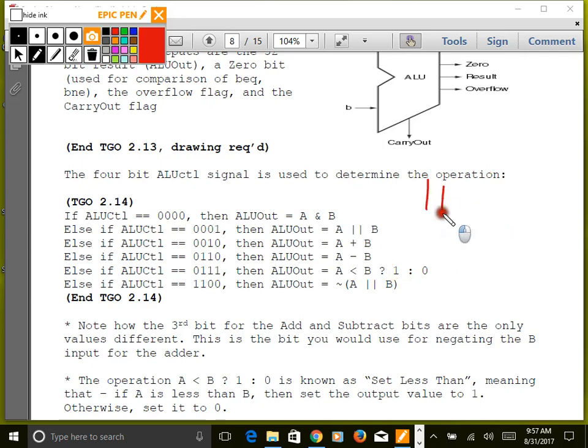So if this were 1, 1, 0, 0, A greater than B, question mark, 1, 0, that means that the output 1 indicates this is true, and 0, this is false.